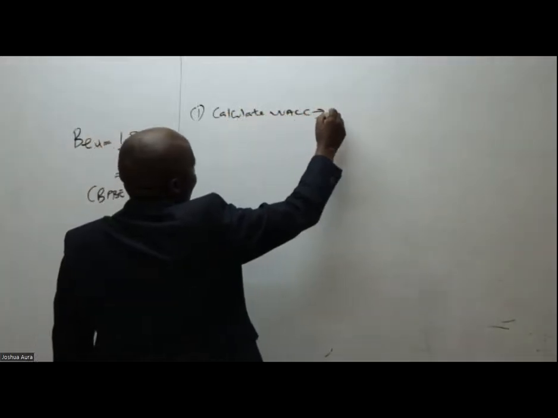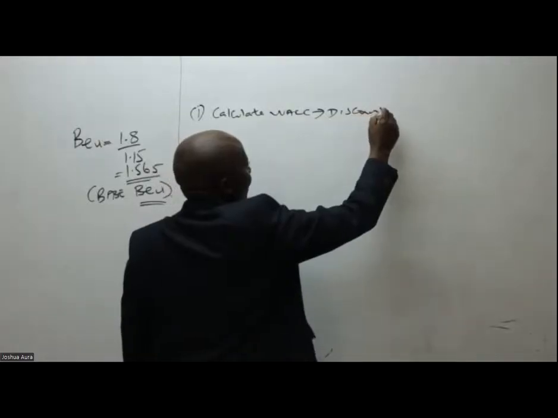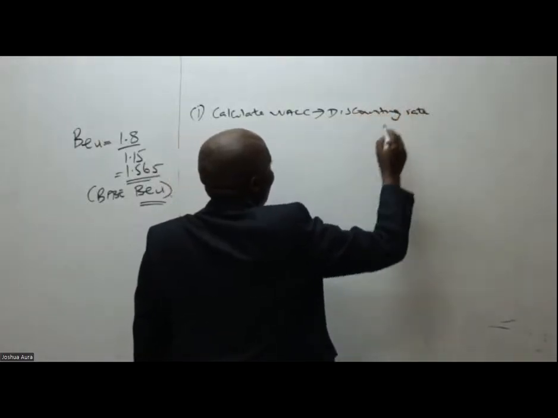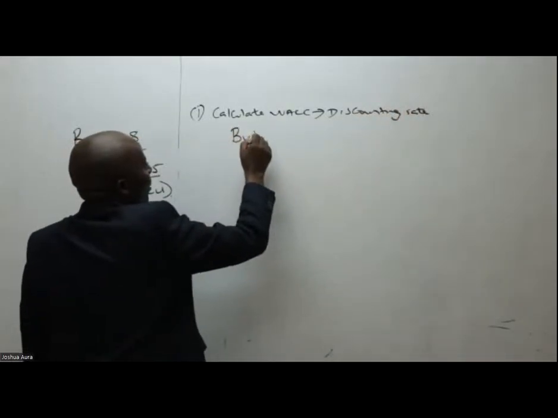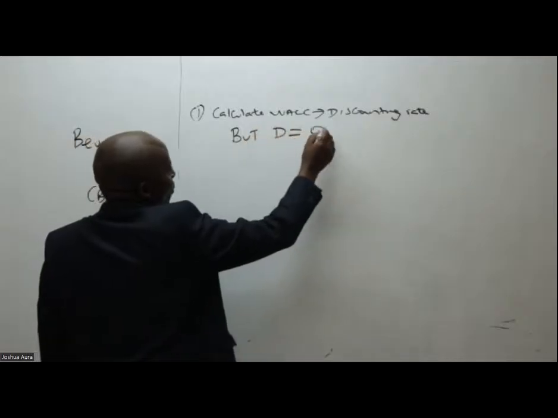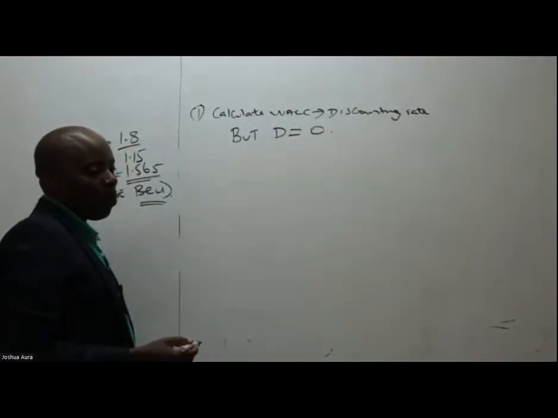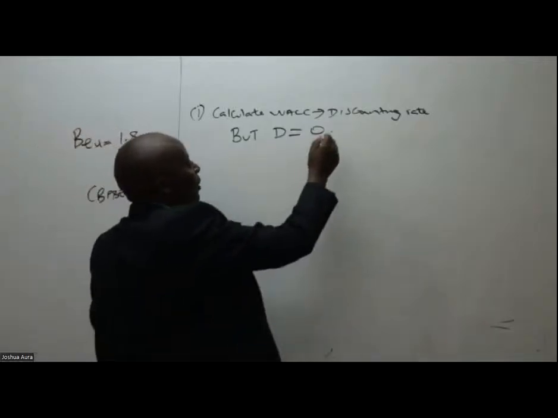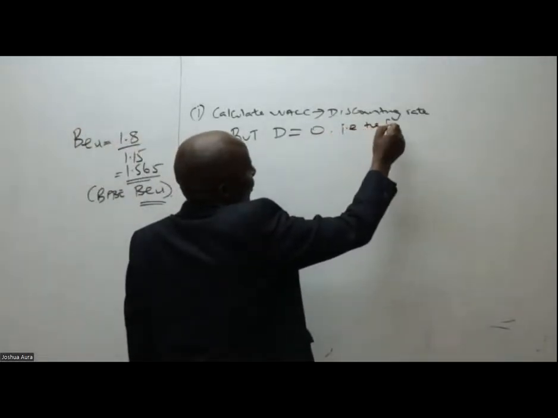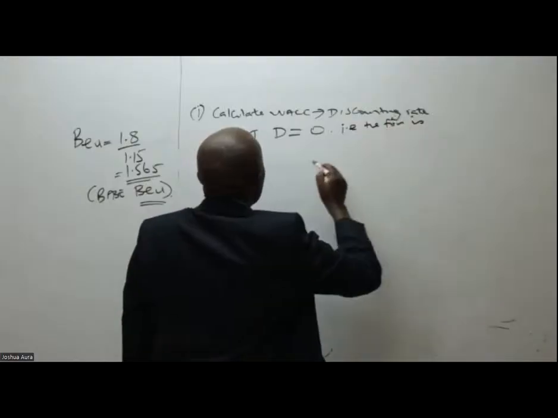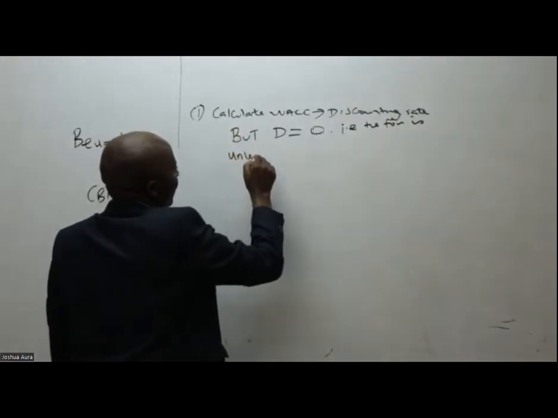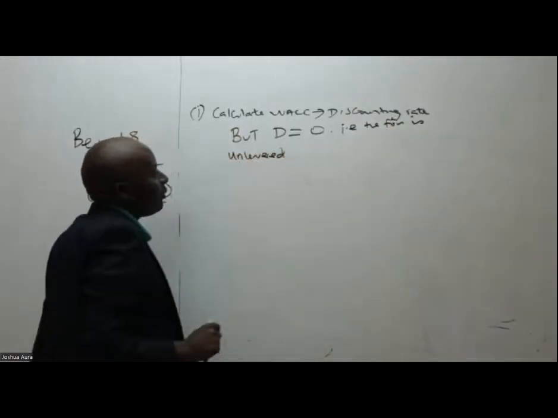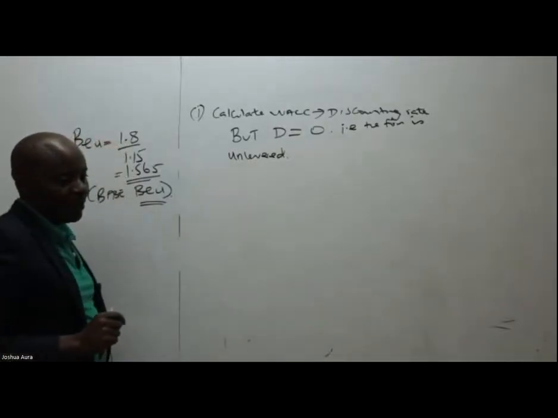This is our discounting rate. But remember your debt equals 0, i.e. the firm is unlevered. Right?